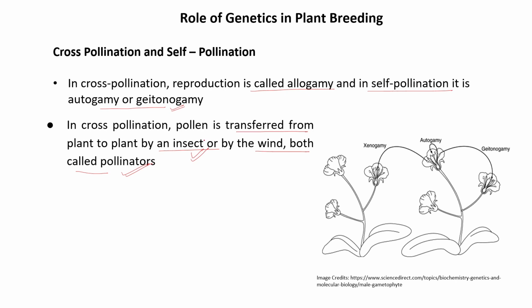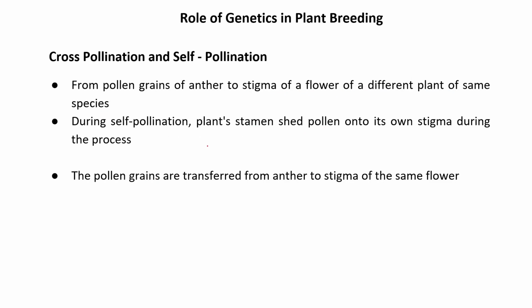In different types of plants, whether they are present in the aquatic environment or in the terrestrial environment, according to that, they can be pollinated with the help of insects, wind or water. The pollen grains go from the anther to the stigma of the flower of a different plant of the same species.